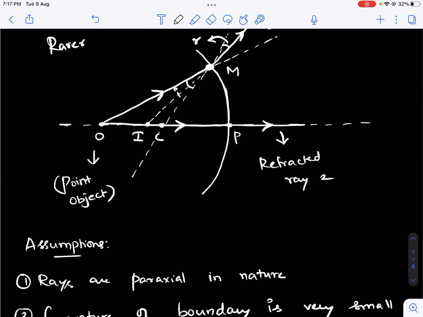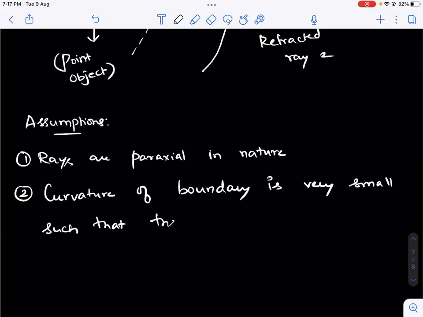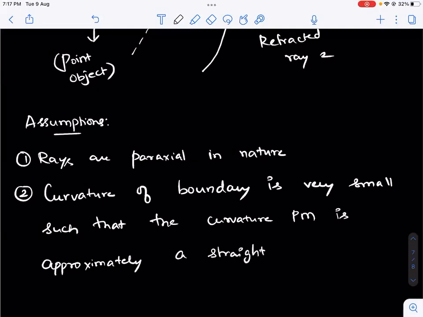The curvature PM is approximately a straight line. It's approximately a straight line.